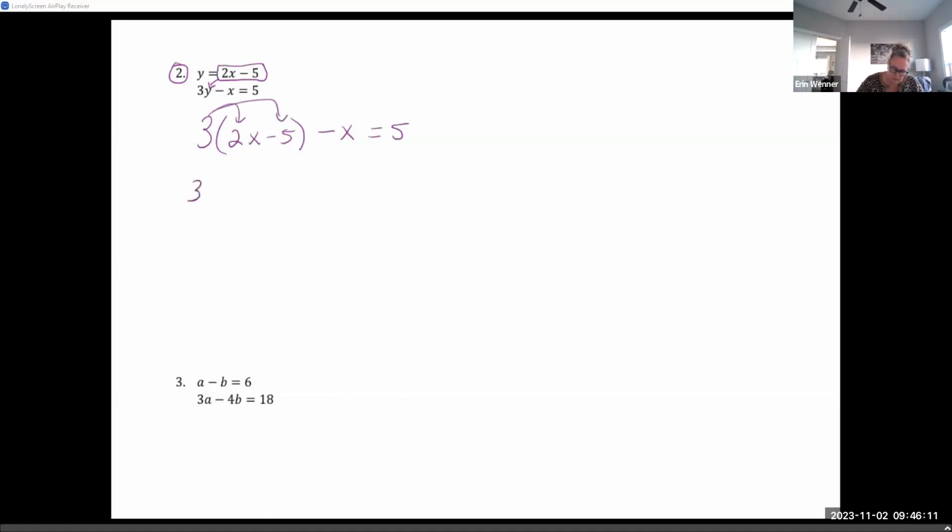So I'm going to have 3 times 2x minus 3 times 5 minus x equals 5. 3 times 2x is going to be 6x. 3 times 5 is going to be 15, minus x equals 5. So remember from working on solving equations before, I have 6x here minus x here. Together, those are going to make 5x. We'll bring down the minus 15, and that still equals 5.